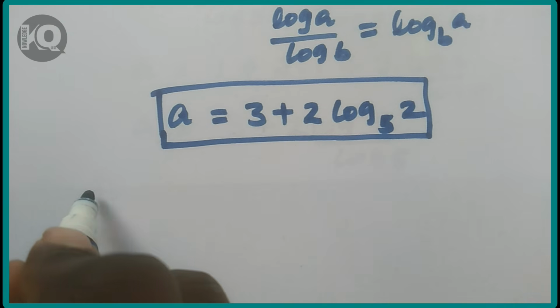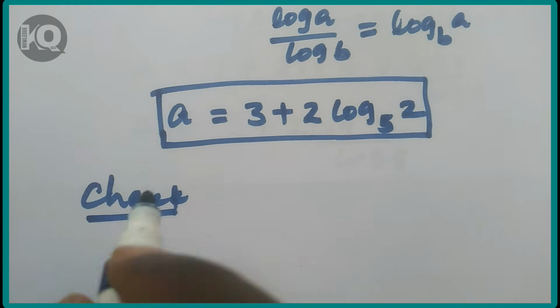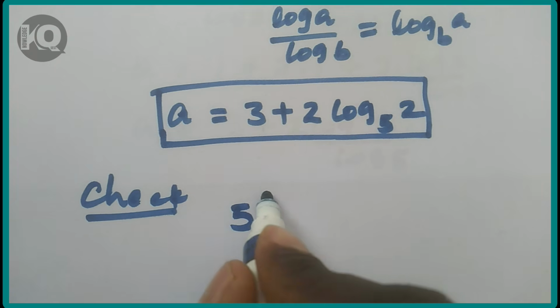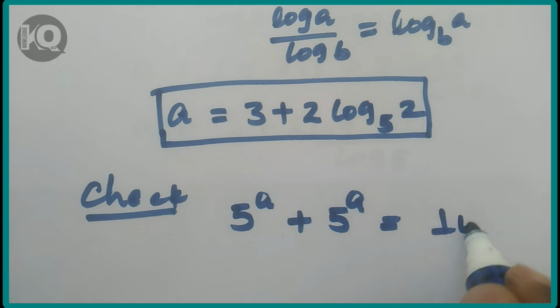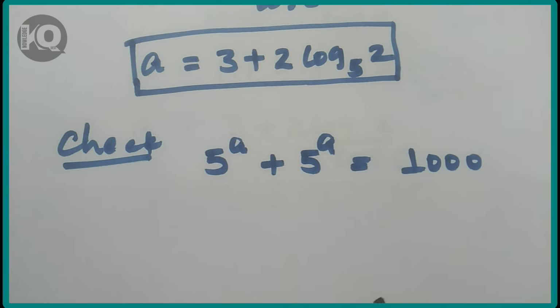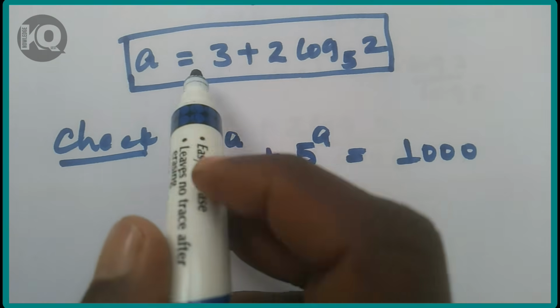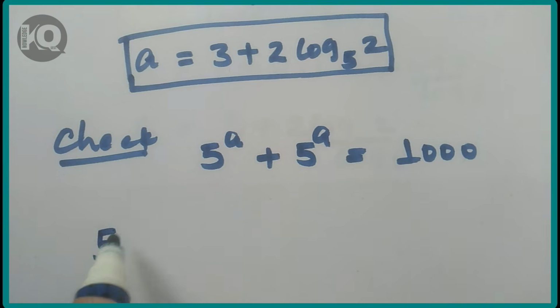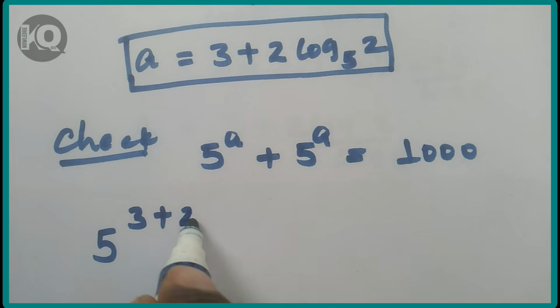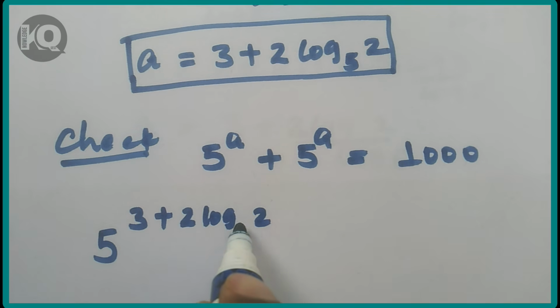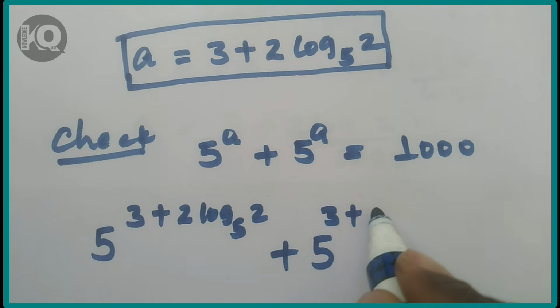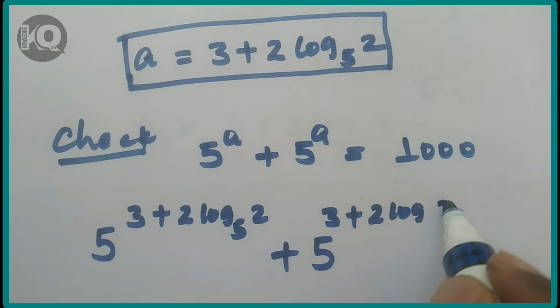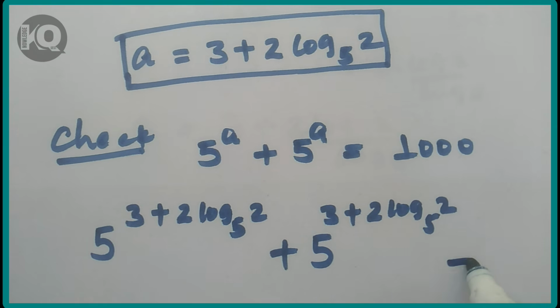So let's check. We have 5 to the power of a plus 5 to the power of a, which is equal to 1000. And we have a, so it will be 5 to the power of 3 plus 2 log of 2 to the base 5, plus 5 to the power of 3 plus 2 log of 2 to the base 5, is equal to 1000.